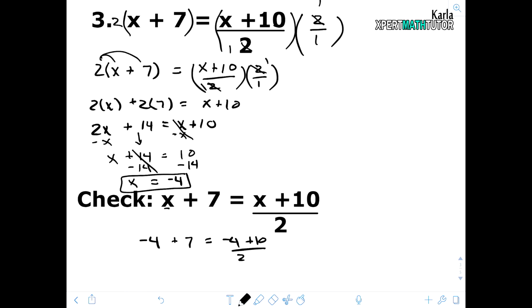On the left side of the equation, negative 4 plus 7, that equals positive 3. Negative 4 plus 10, that equals 6 divided by 2. 6 divided by 2 equals 3.